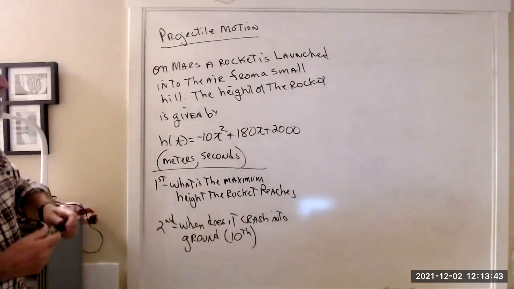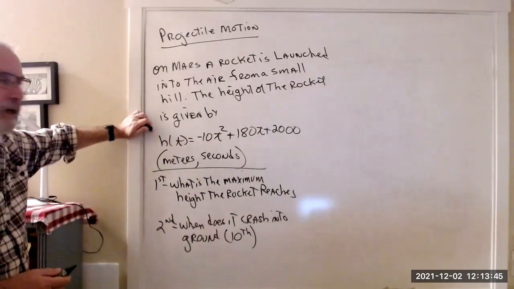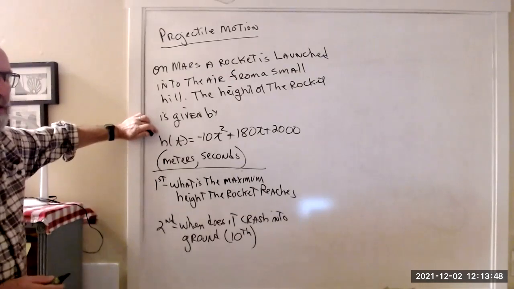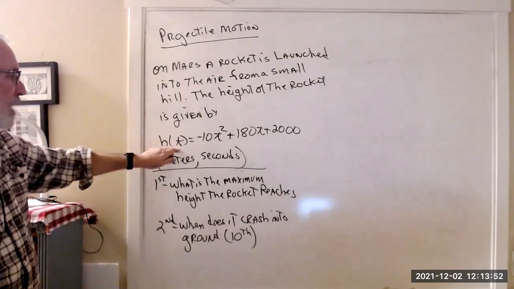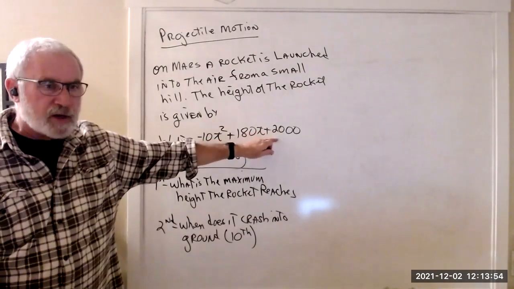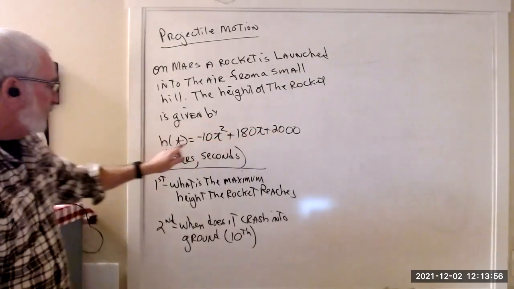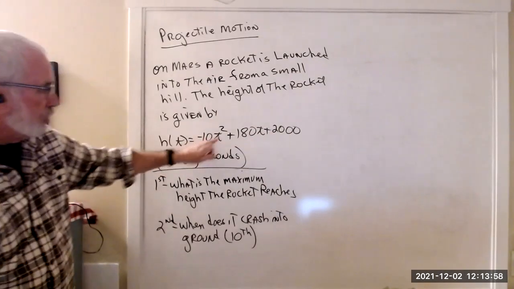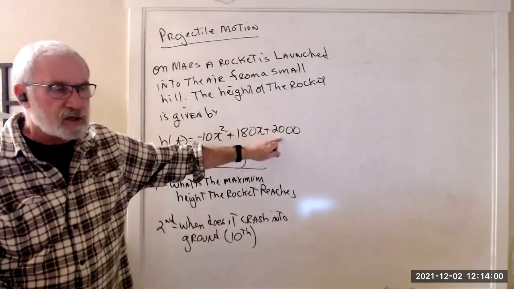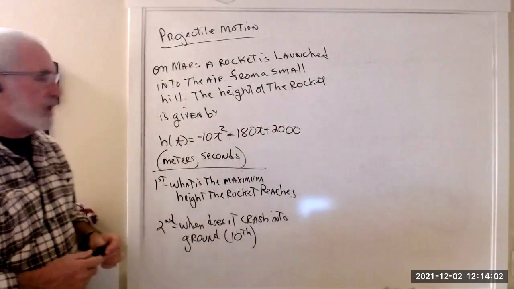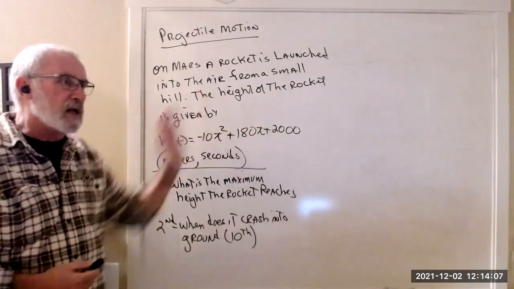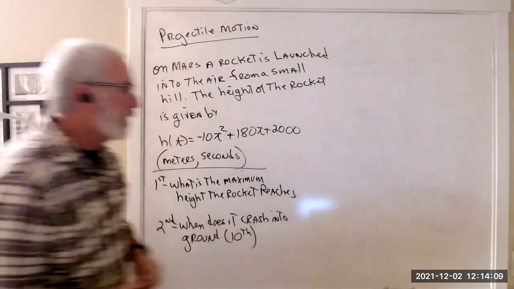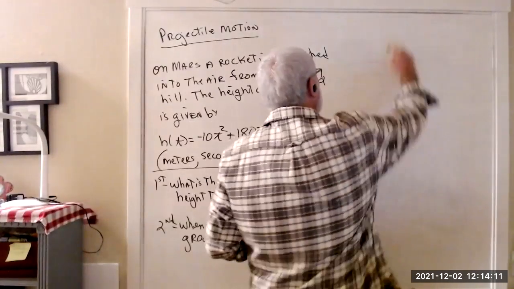Projectile motion, rocket shot in the air, there's its formula. H of t stands for the height at some given time. When time is 0, it's at 2,000 meters. So the hill that it's being launched from is 2,000 feet high. From that hill, it goes up, okay? Now let's think about this for a second.